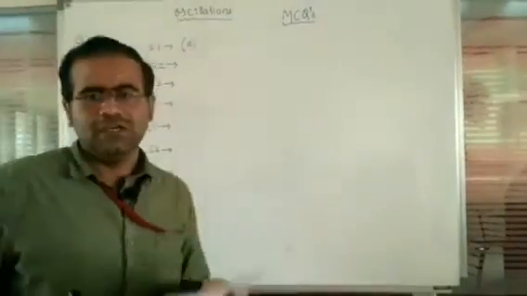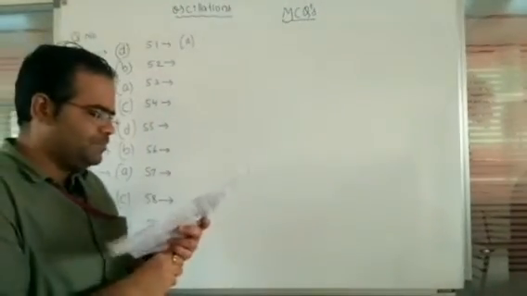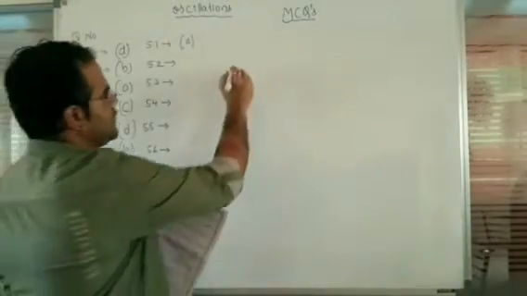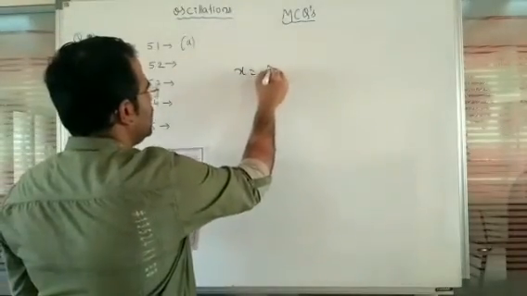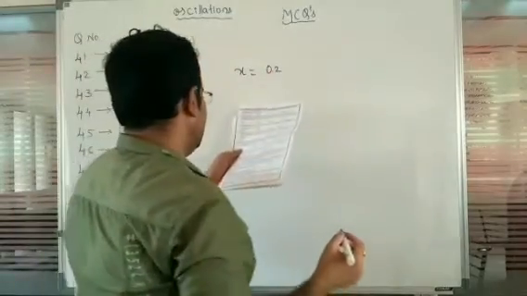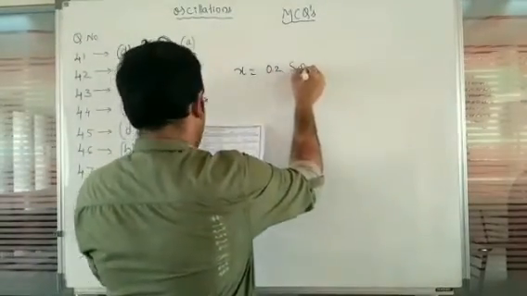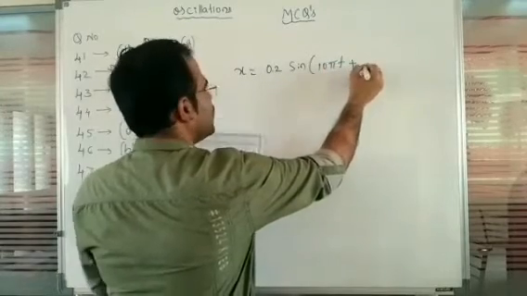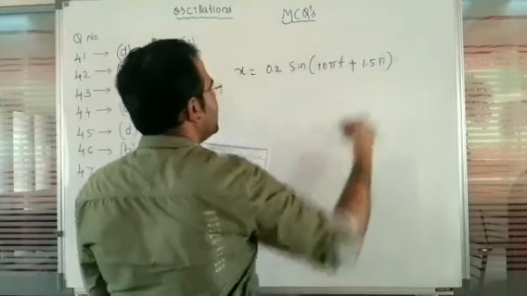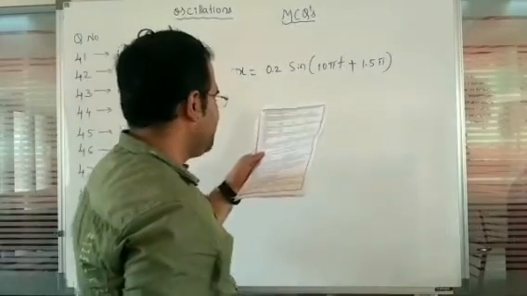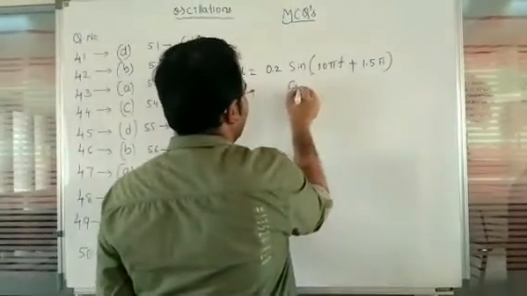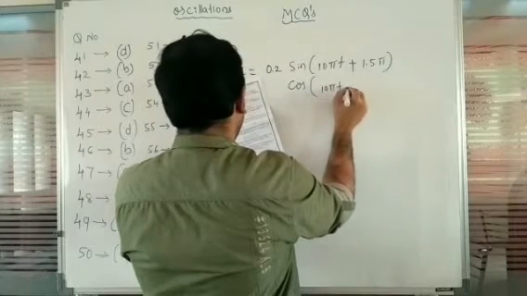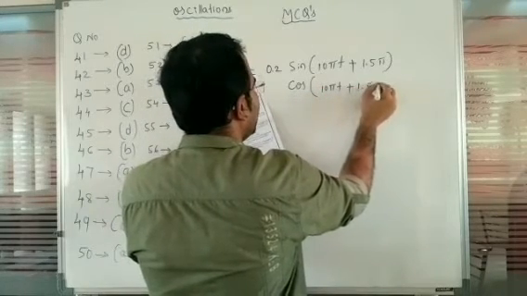Okay. So here, question number 52: the displacement of a particle from its mean position is given by x is equal to 0.2 multiplied by sine of 10 pi t plus 1.5 pi, multiplied by cos of 10 pi t plus 1.5 pi.